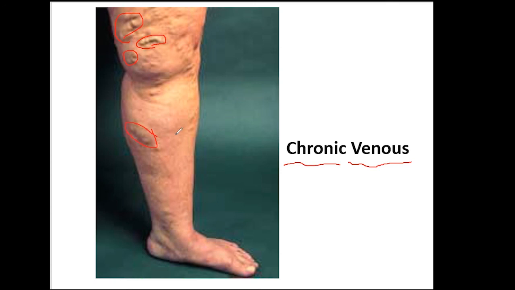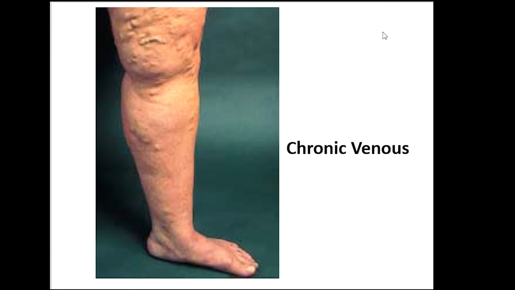Basically this kind of disorder is caused by blocking of the deep veins, maybe blood vessel problems, maybe valve problems. So blood couldn't return to the heart from the deeper veins, and then it goes to the superficial veins.